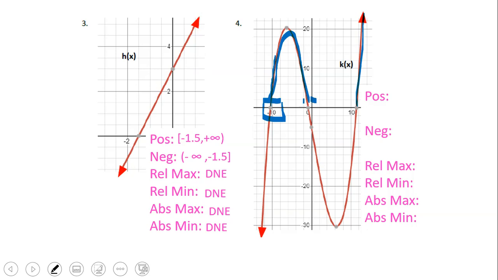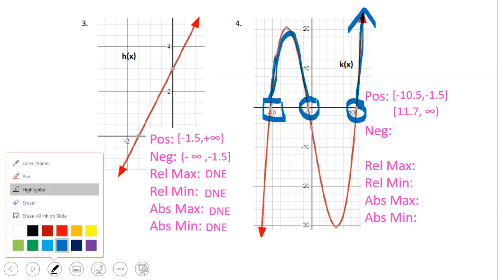And then it stops being positive right here, and I'm going to say that's negative 1.5. All I know is it's between 0 and 2, but it's a little closer to negative 2. The other positive interval would start here and continue to positive infinity this way. And I said that was 11.7 because it was way closer to 12 than 10, and it keeps going towards positive infinity.